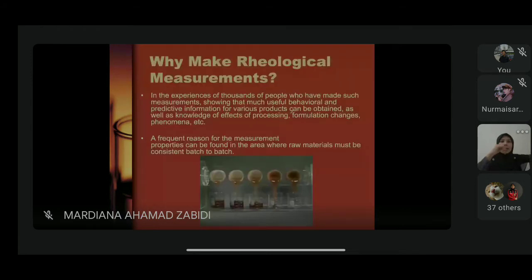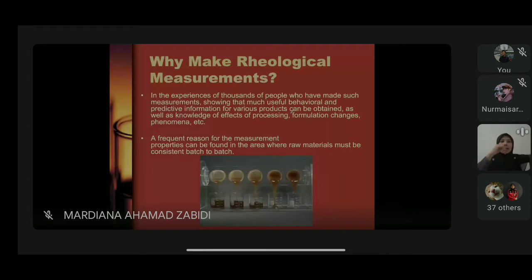Alright, so why do we make a rheological measurement? This one is whereby we want to know the behavior as well as the consistency of that product. It shows very useful behavior and predictive information for various products, which can be obtained by performing a rheological measurement, as well as knowledge of the effects of processing, formulation changes, as well as phenomena.